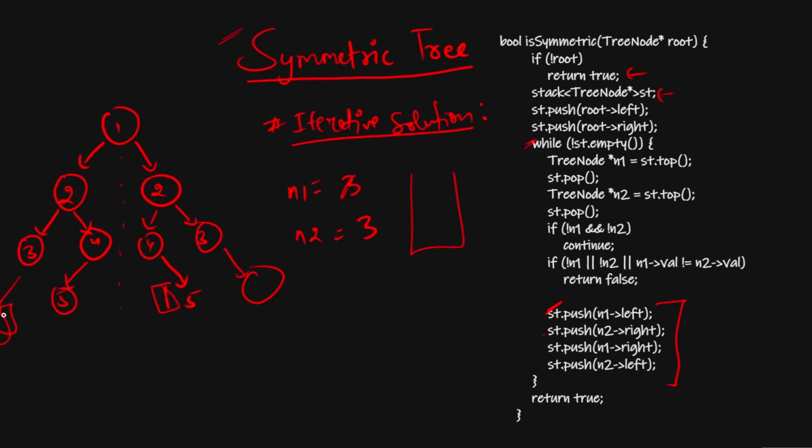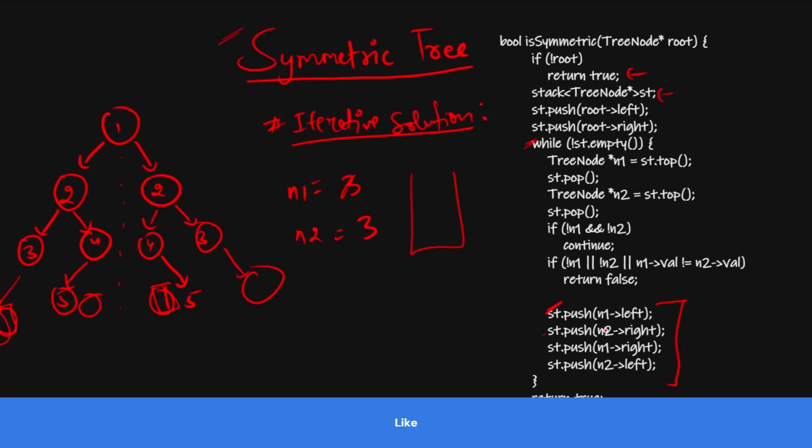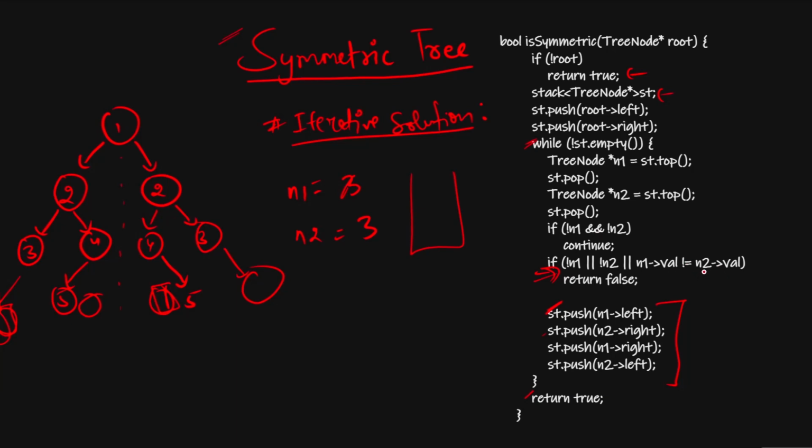I have to compare this left with this right, and this right with this left. So in this way I will compare. And finally after checking this, if this condition never occurs, that their values are never unequal, I will return true at the end.